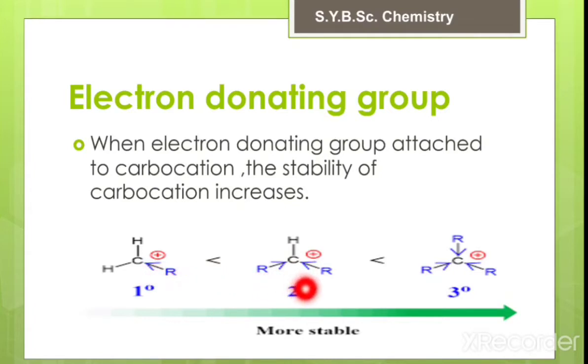The secondary is more stable as compared to primary because the secondary carbocation has two alkyl groups and the primary only one. That means when we move from left to right, the stability of the carbocation increases. The tertiary carbocation is more stable than secondary, and secondary is more stable than primary. Okay, this is about the electron donating groups.